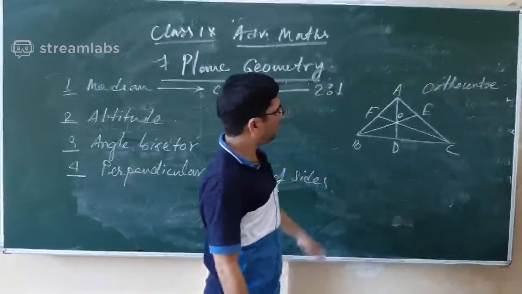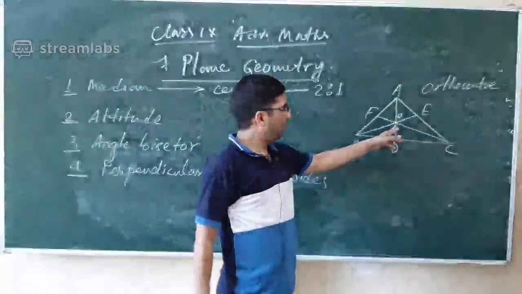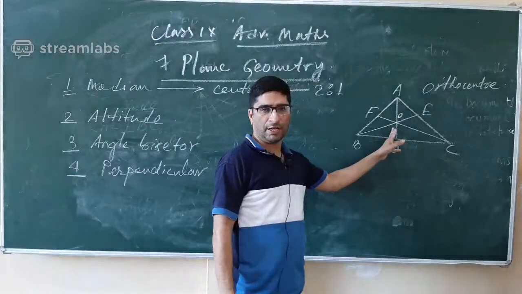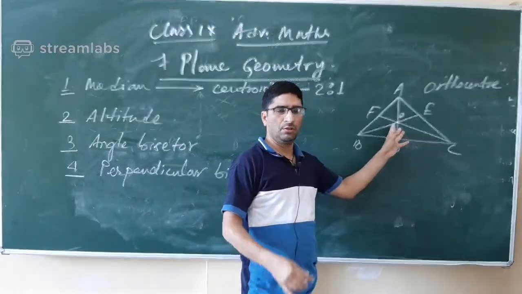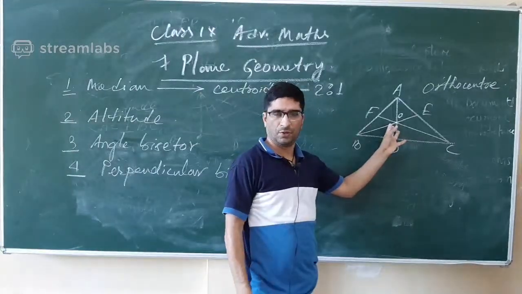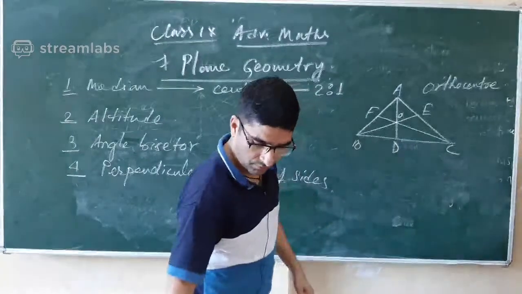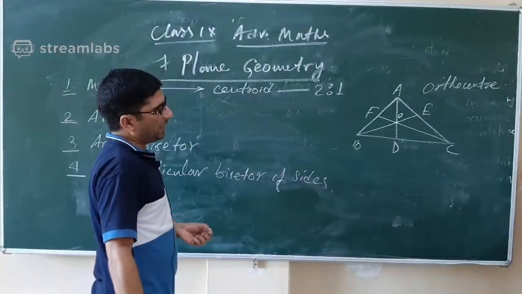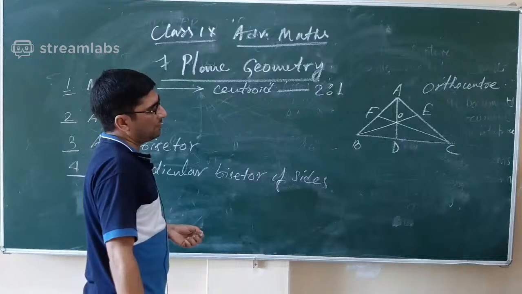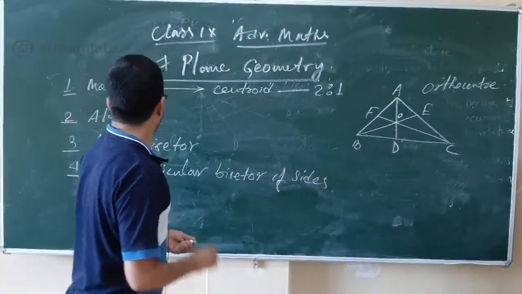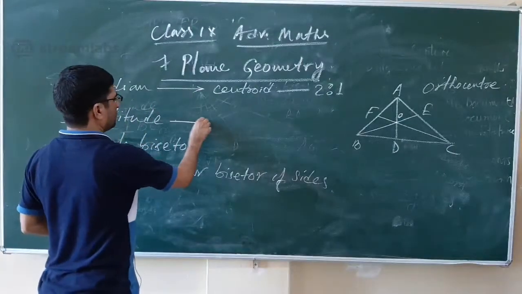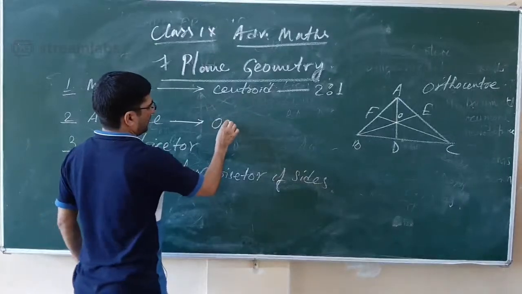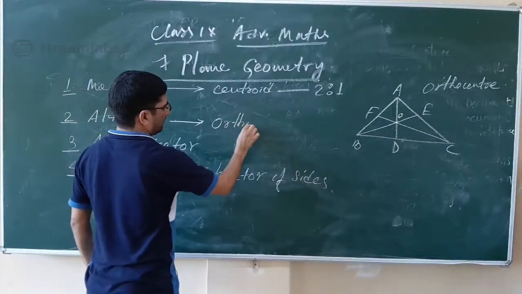That means the meeting point of altitudes of a triangle is called the orthocenter. Here you will not get any other relation.